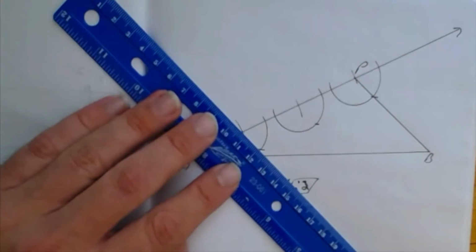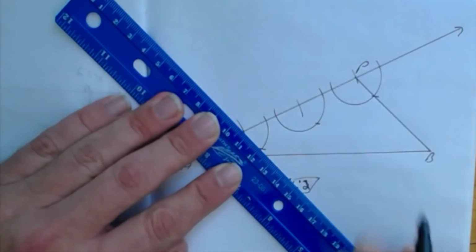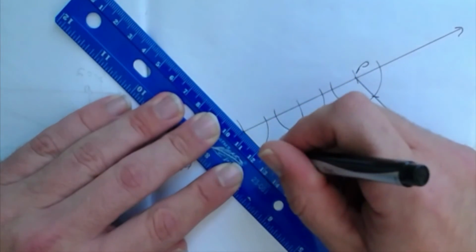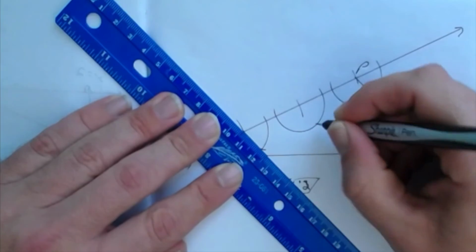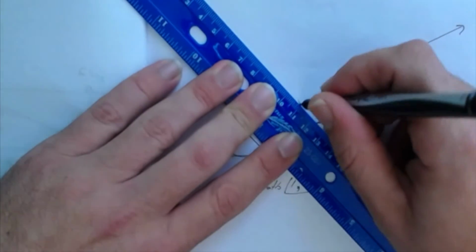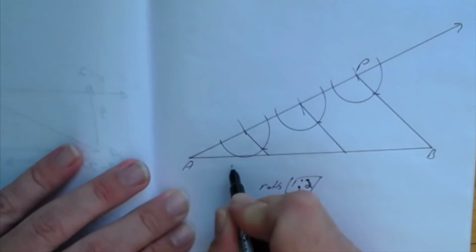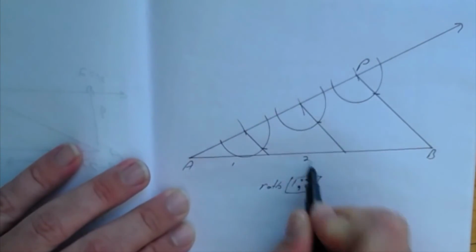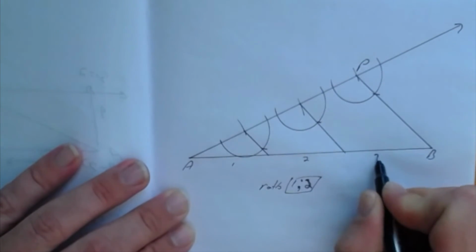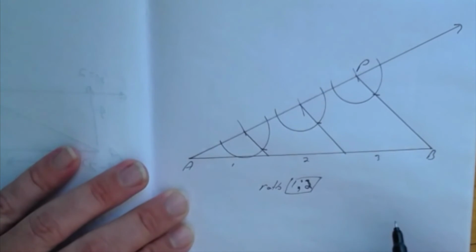So now that I have all of these intersecting points, what I am capable of doing is connecting this intersection with this intersection, my first with my first, my second with my second. And I get this first segment, this second segment, and this third segment. I have divided AB into 3 equal parts.